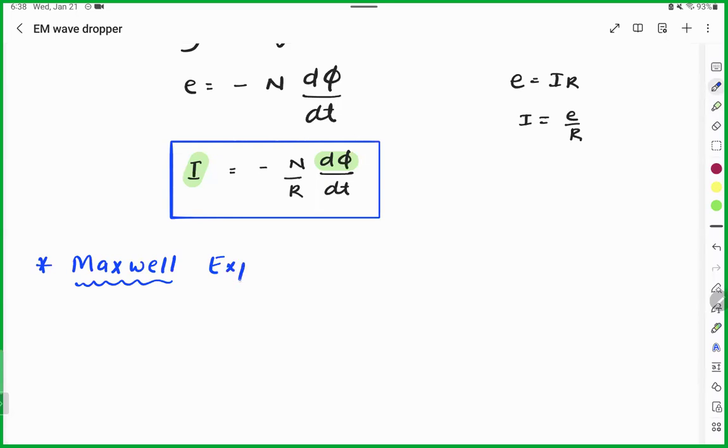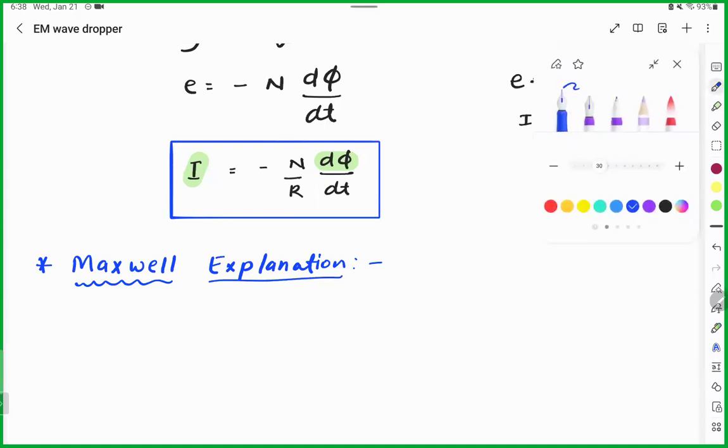So what did Maxwell say about the electromagnetic wave? He said that there will be variation in the electric field and magnetic field vector. This electric field vector and magnetic field vector will be perpendicular to each other.